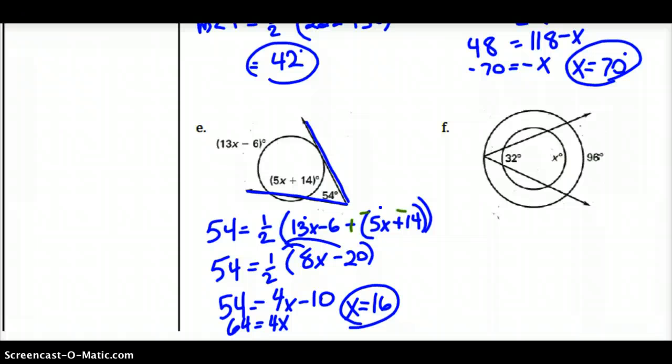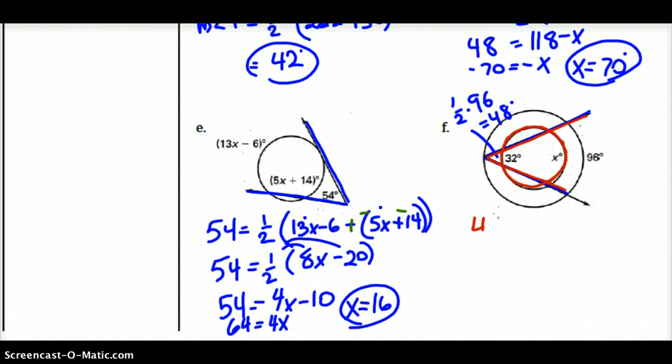This last one here, first of all, this is an inscribed angle of the bigger circle. So that means this angle here is going to be 1/2 of 96, which equals 48. So now we are looking at this secant, secant, and we're looking at this circle.